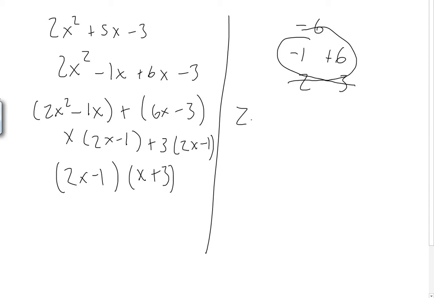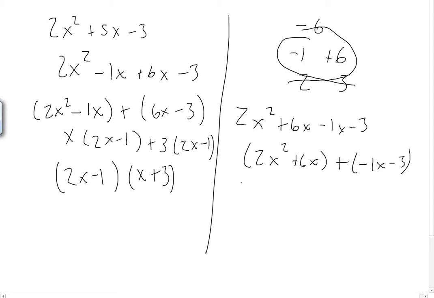But again, if you did 2x squared plus 6x minus 1x instead, meaning I'm keeping the same exact numbers, but I wrote them in the opposite order, just watch what happens. You group the 2x squared plus the 6x together. You group the negative 1x minus 3 together so that you can factor the 2x out of the first two.